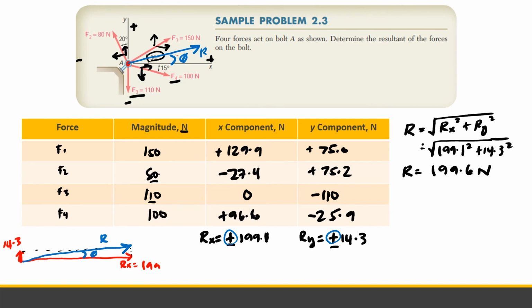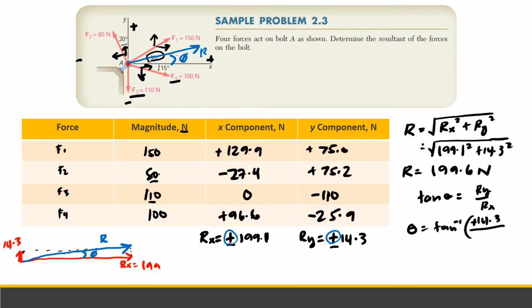So how do we solve for theta? The equation we gave earlier: tangent theta is equal to Ry over Rx. So theta is equal to the tangent inverse of Ry, 14.3, that is positive.